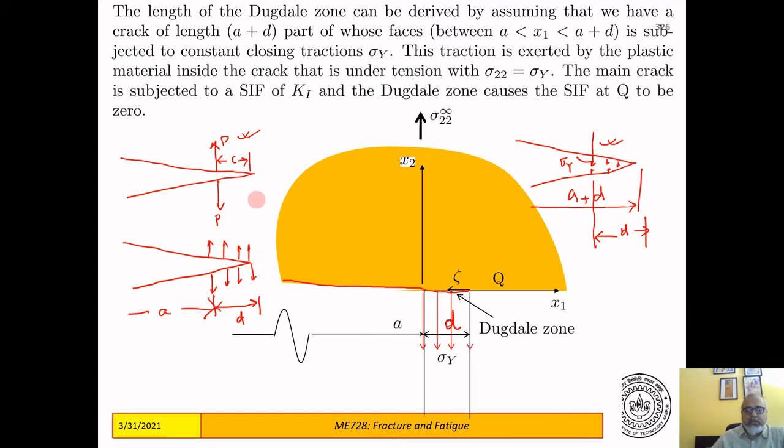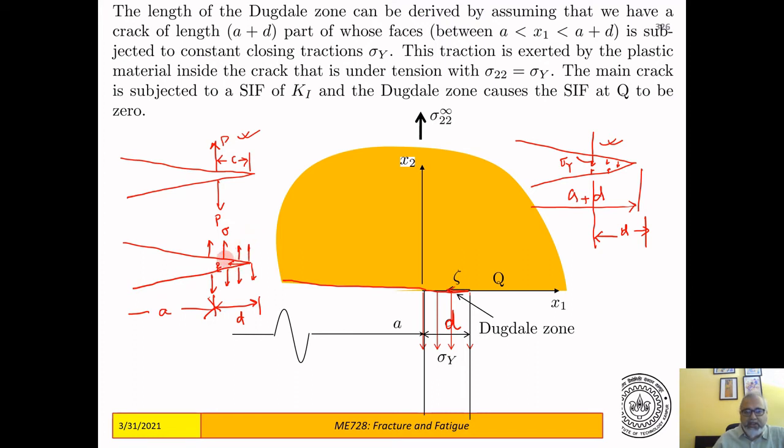How will we do it? It's easy. If this traction is, let's say, sigma, you have a coordinate which is measured from the crack tip backwards. Let's say that coordinate is zeta.